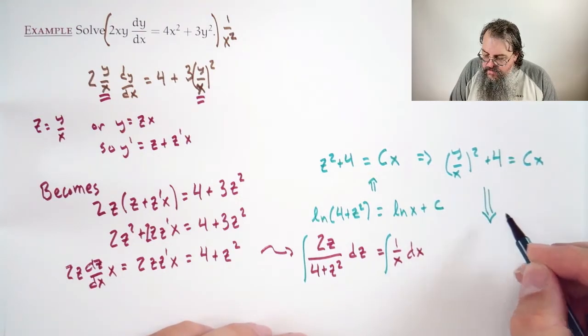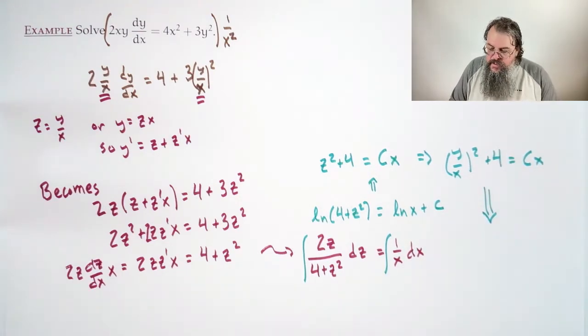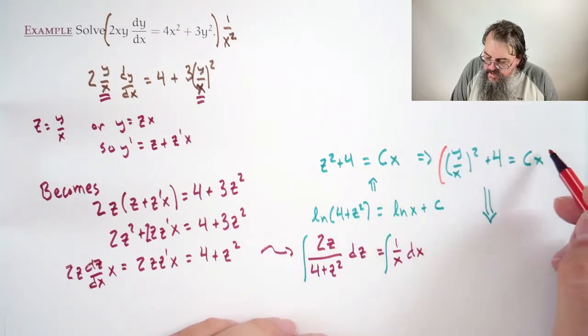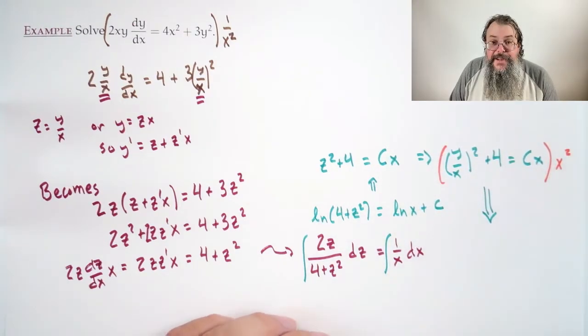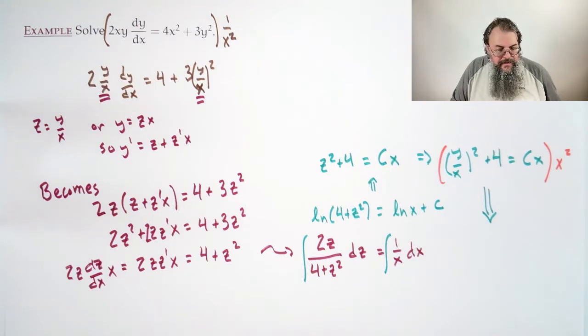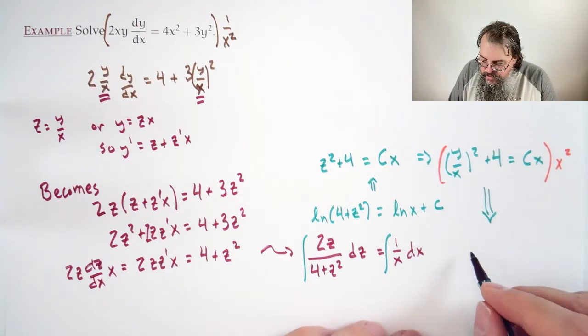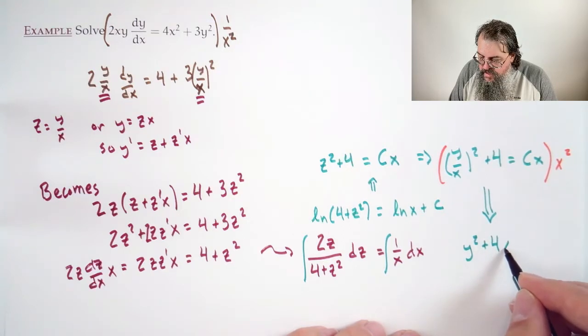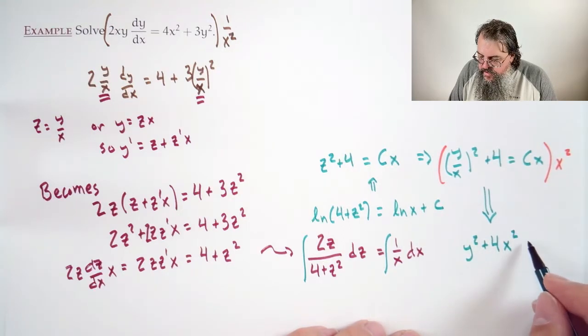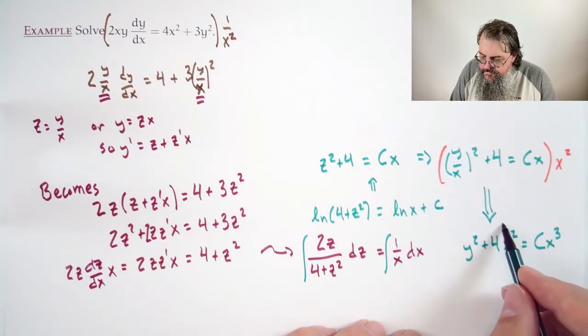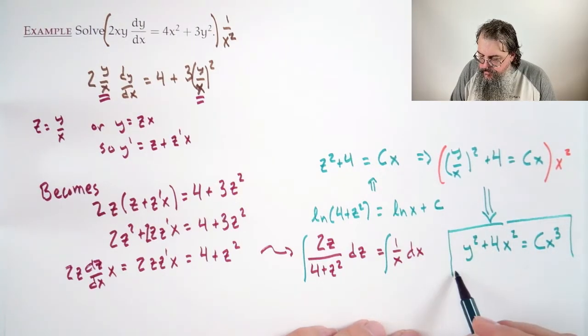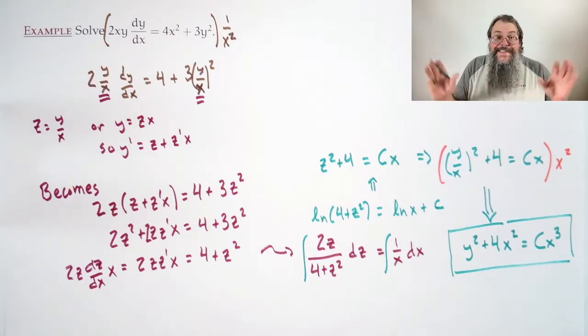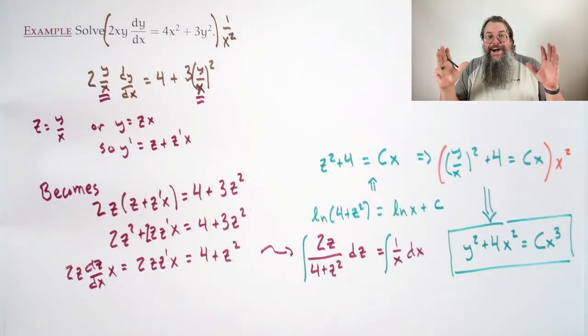And so multiplying through by x squared just to make things look nice, because don't we want things to look nice? I think so. We end up with y squared plus 4x squared is equal to some constant x cubed. That's it. Wow.